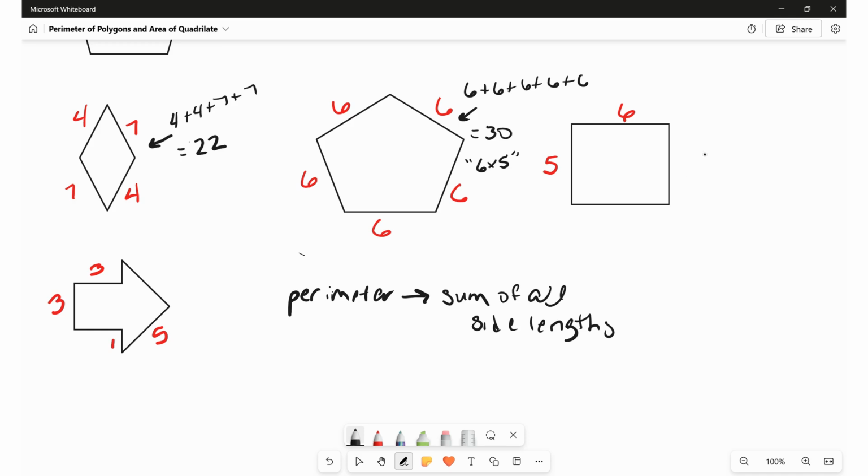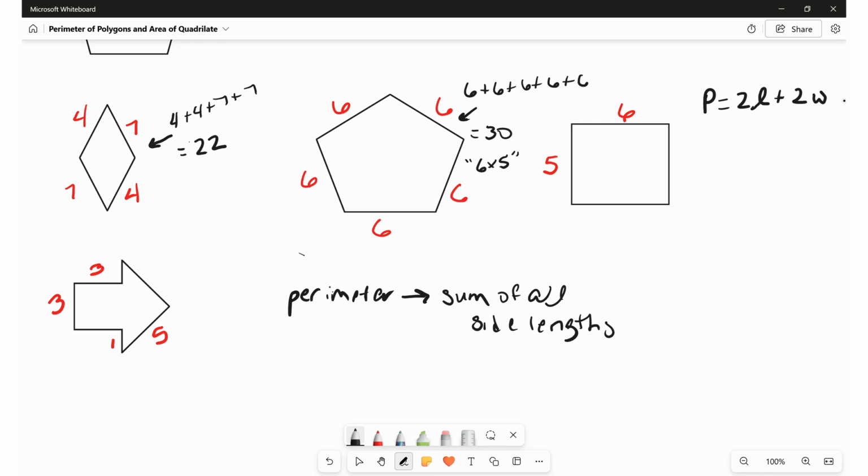Now we have this rectangle here, and in your textbook, or if you're watching some of the Pearson MyLab videos, you're going to see this formula, where it says perimeter is equal to 2L plus 2W. If you think that you have to memorize that formula, you are going to be very wrong.